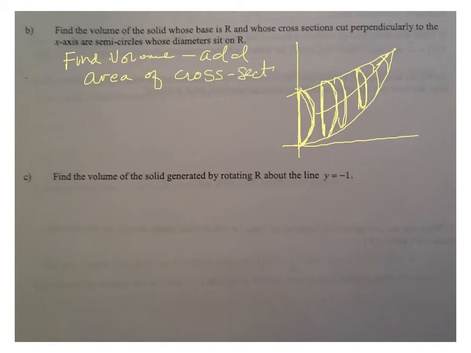Now I know some people have trouble visualizing these objects. If you are one of those, all I suggest is that you recognize what figure you have to add up, in our case a semicircle, and then determine what's the area in general of a semicircle.